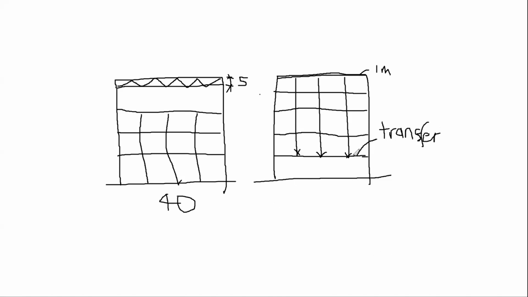Because this beam has such massive loads on it from the columns, a transfer beam has to be a lot deeper than a normal beam. In fact, a rule of thumb for a transfer beam is that it should be approximately 2 to 3 times deeper than a normal beam.